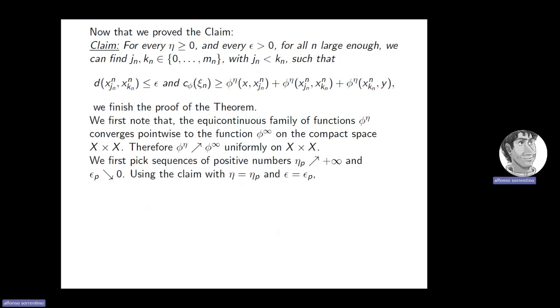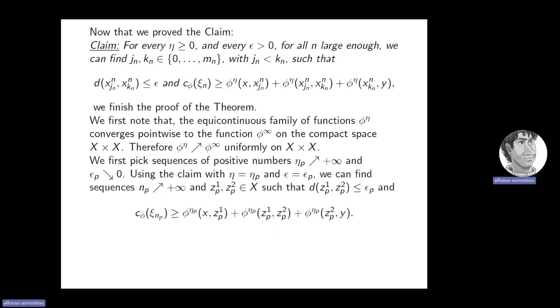Now we use the claim with eta equals eta p and epsilon equals epsilon p. So the claim gives us a sequence np going to infinity such that endpoints C1n and C2n, whose distance is less than epsilon p.